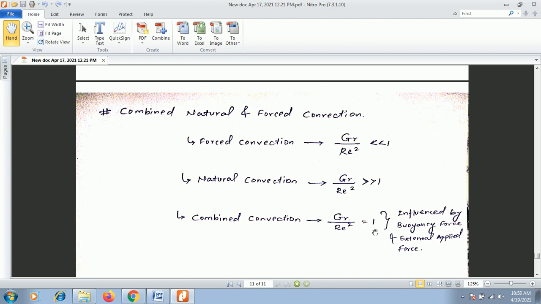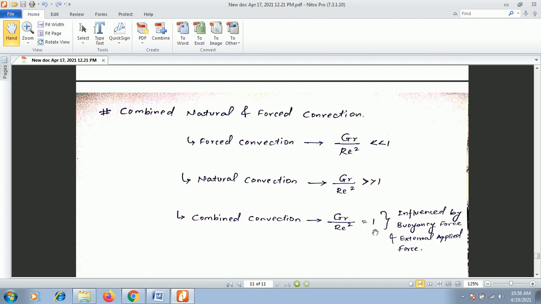In the case of the hydraulic diameter, in external flow it will be along the length of the external surface, while in internal flow it is calculated as 4 into cross sectional area divided by wetted perimeter.